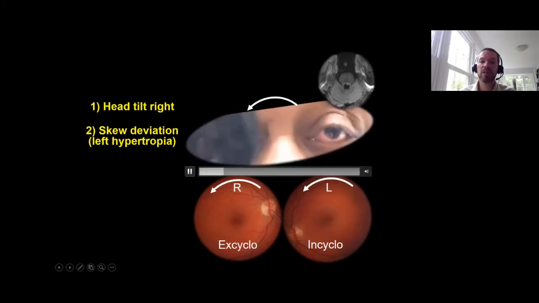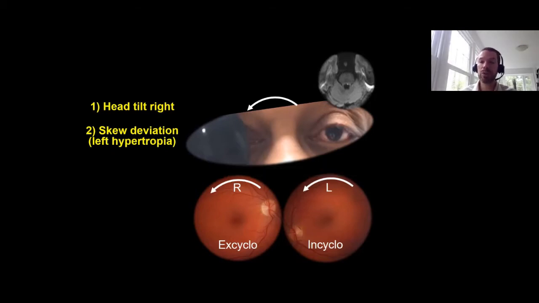So two things are happening. One is a big vertical refixation from the skew deviation, and the second is a big exotropia. That's because there's medial rectus paresis due to an INO, an internuclear ophthalmoplegia.